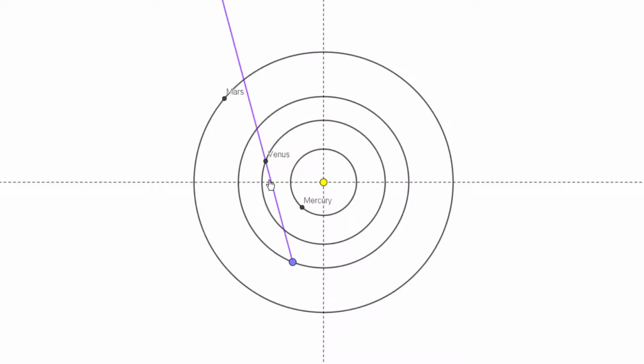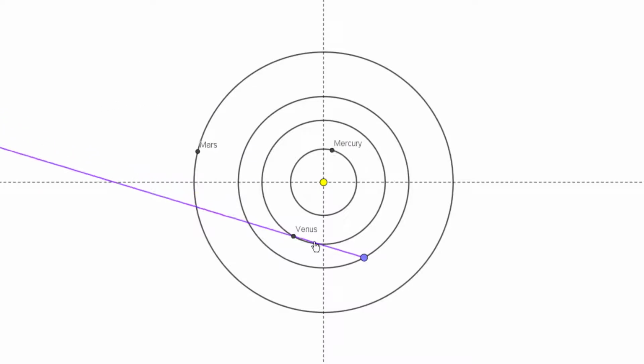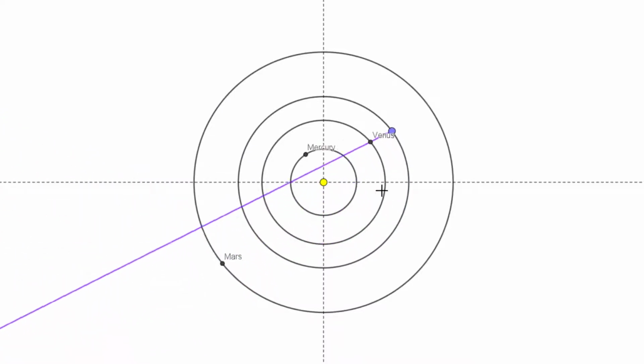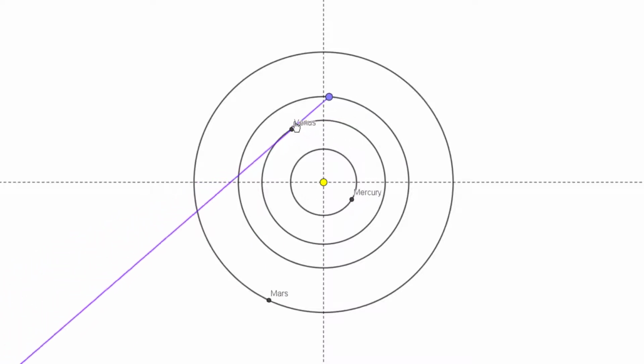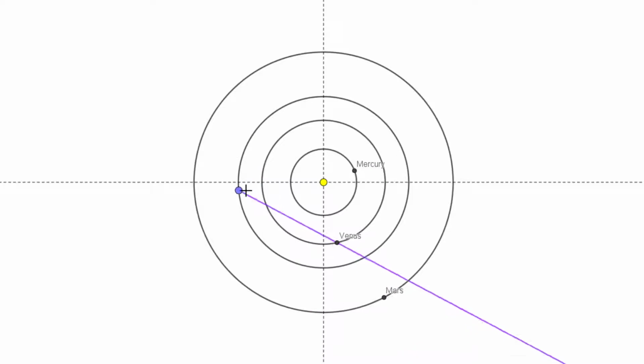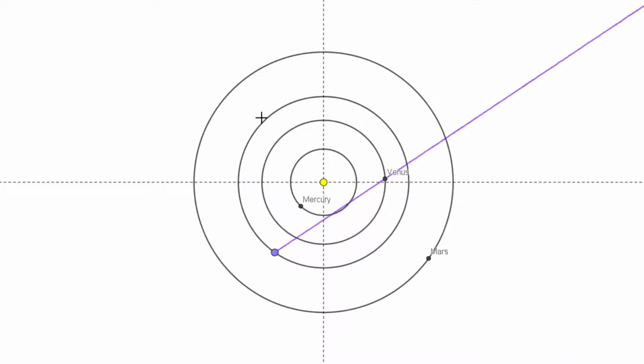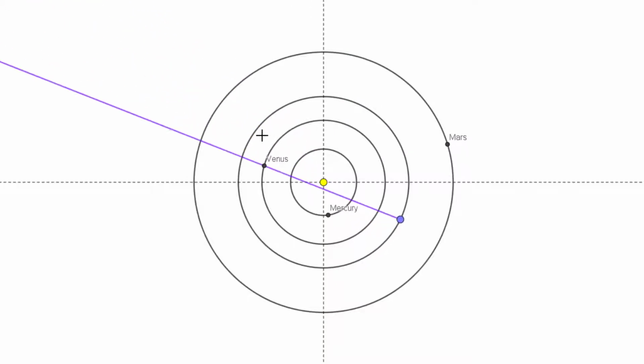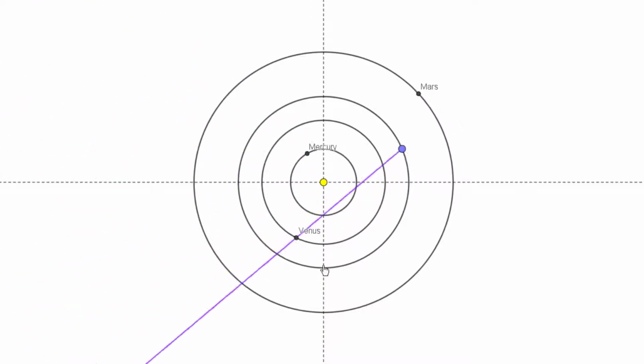The inner planets move faster than the outer ones, and so here comes Venus, and there we go. As it goes in between the Earth and the Sun, it backtracks. And so by backtracking, it's like this line of sight rotates clockwise, and that's a brief interval, and then it returns to its average motion.